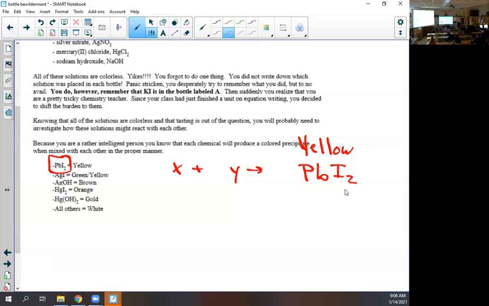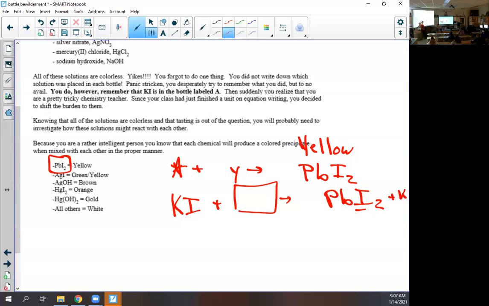Sort of with me so far? All right, now look. What's the only bottle we did know? We knew A, so maybe I should have just put an A right here. We knew A was KI. So A, or KI, plus something, made PbI2. Now, the K's over there, there's more here, plus K something.